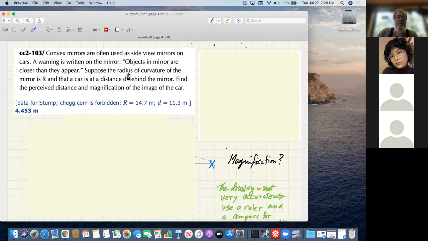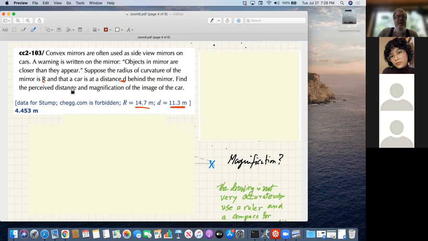So let's suppose the radius of curvature of the mirror is r, and that's given, approximately 15 meters. And let's suppose that a car is a distance d behind the mirror. So you're sitting in the SUV and there's a car behind you at a distance d, approximately 11 meters.